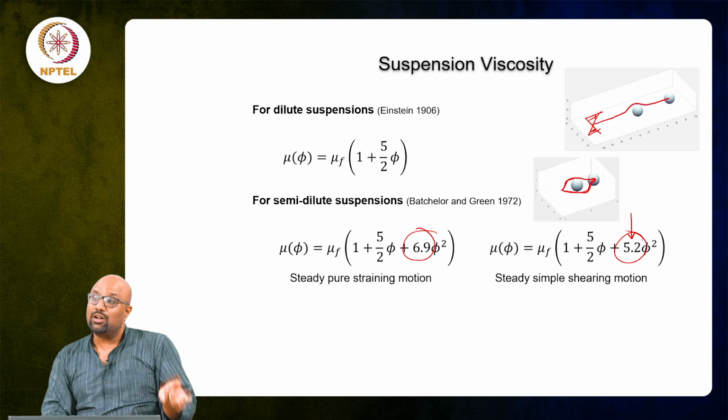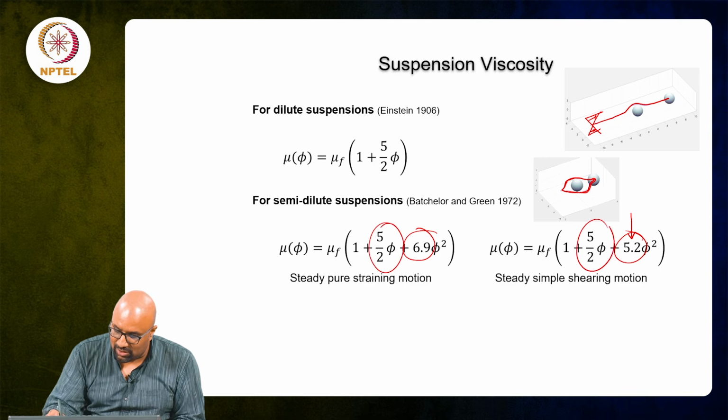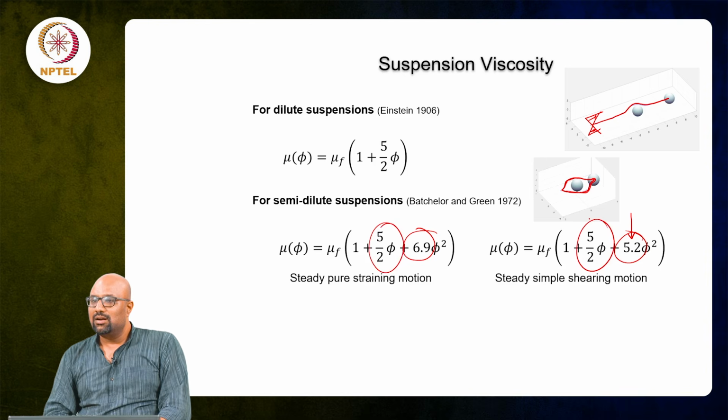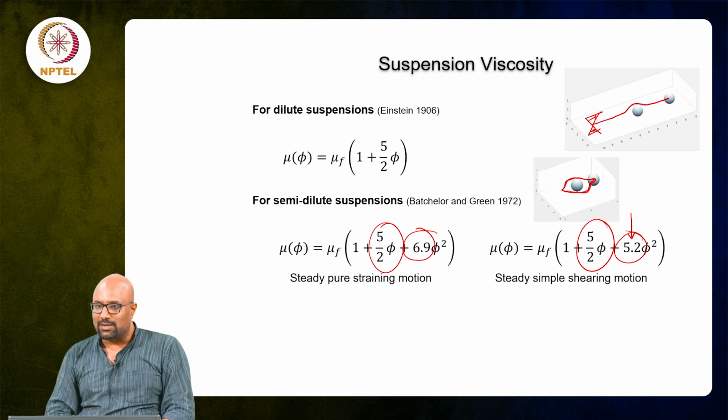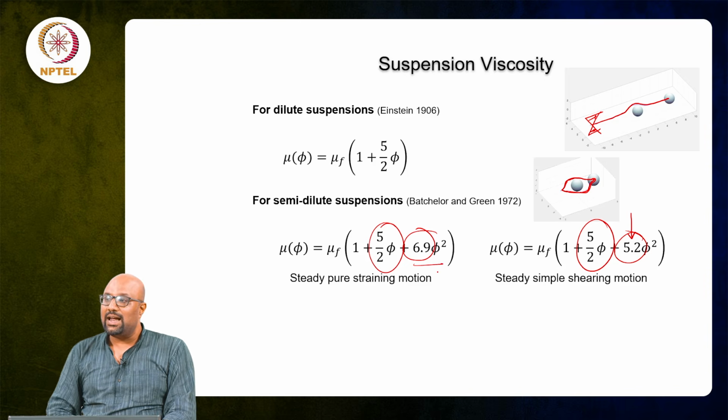It is dependent on the nature of the flow field. The 5/2 phi, which I had mentioned earlier, is not reliant on what kind of linear flow you are doing. You can do any kind of linear flow and it will be the same answer, but the next correction is crucially reliant on the nature of the linear flow.